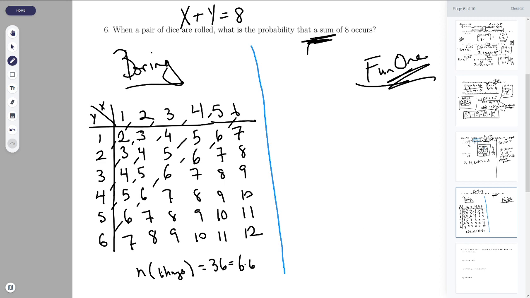So then we can count up the number of ways we see an 8 happen. 8 happens here, here, here, here, here. So the total answer is 5 out of 36.